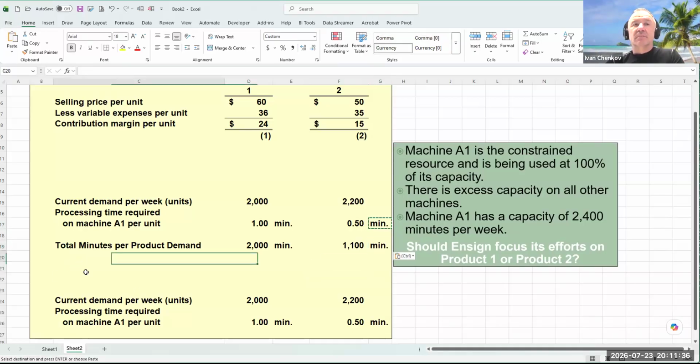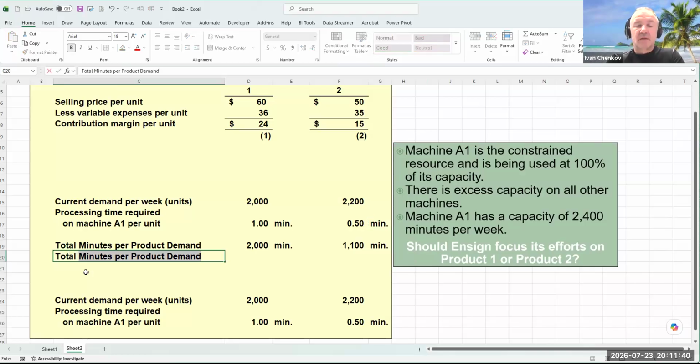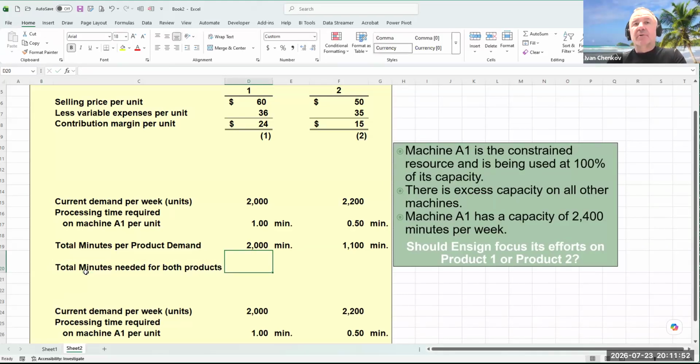In total, for both products, I need 2,000 plus 1,100, 3,100 minutes.